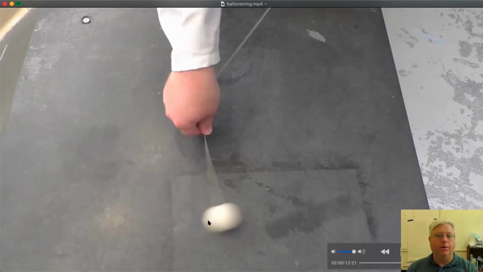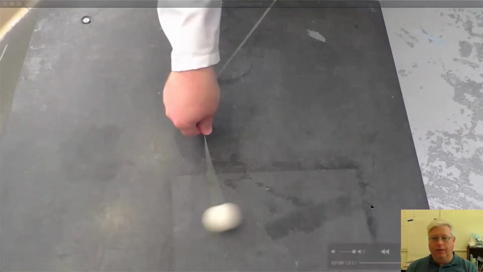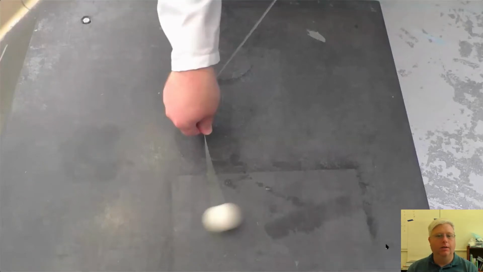The ball would be forming the edge of the circle, and that length of the string between where I'm pulling on it and the ball, that would be the radius. Okay, and so let's take a look now at another one.